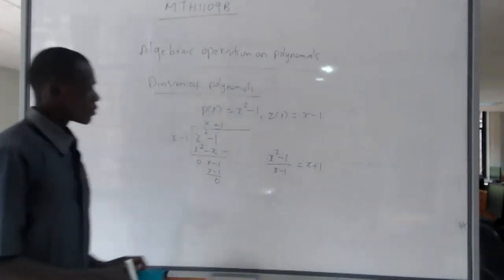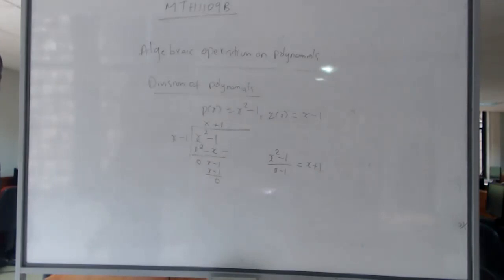Please repeat. I have a question. Yes. Now that we're using long division, if I were to say x squared minus 1 divided by x minus 1, and I was to expand the x squared minus 1, would I still be using the same long division, or do I have to stick to the long division method?